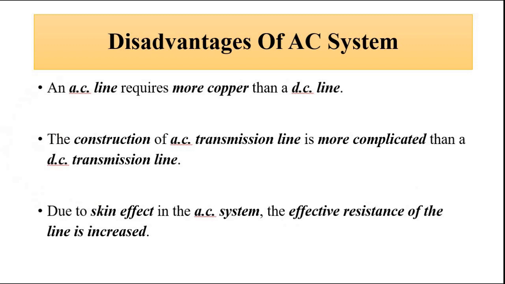Then the disadvantages. One disadvantage of the AC system is that the conductors used for transmission and distribution of power at different points, which are again divided into two types, overhead and underground, require more copper as compared to the DC transmission and distribution line.